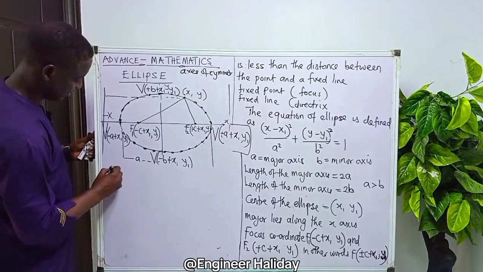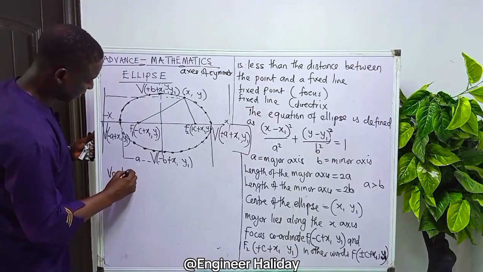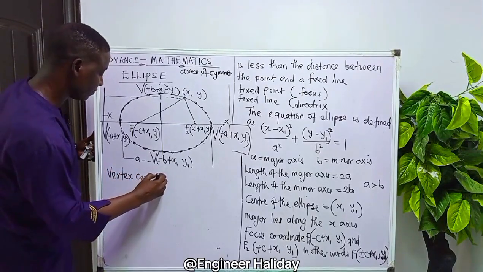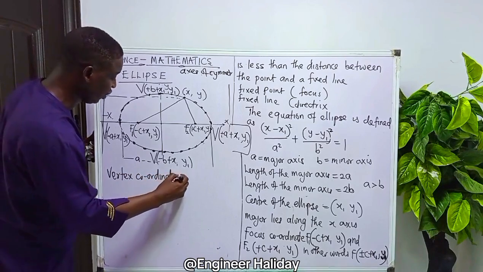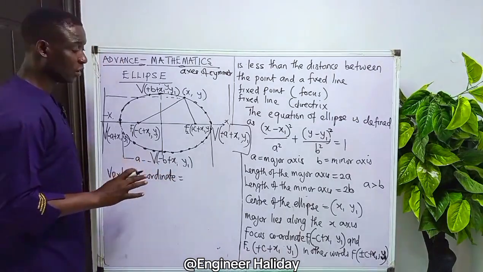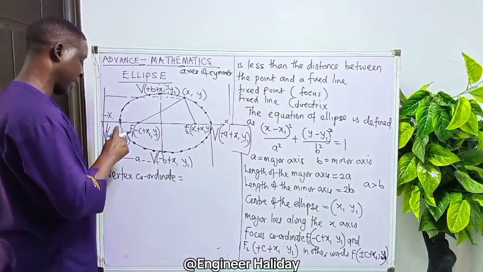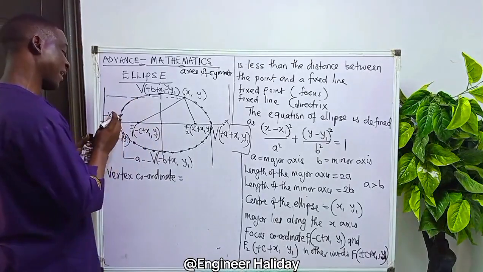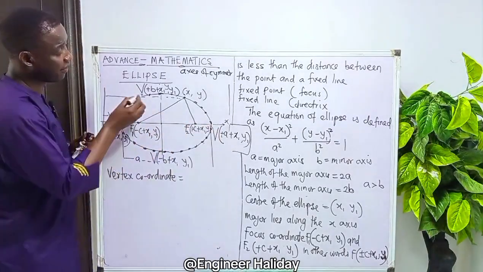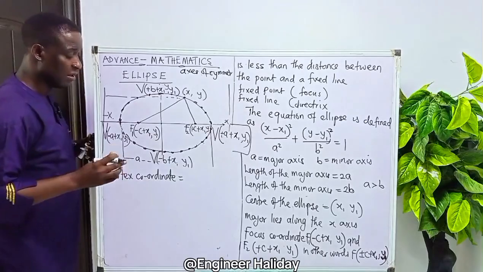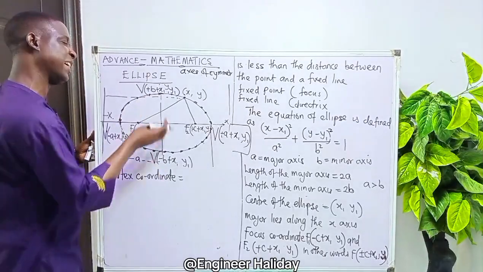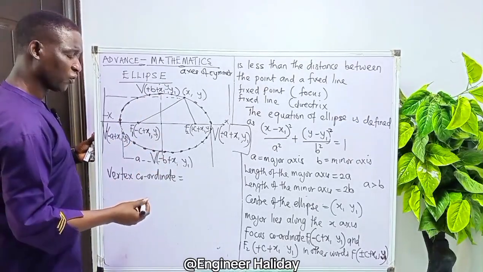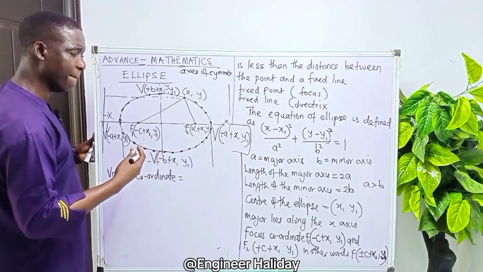What about the vertex coordinate? Although we have the major vertices, which are this and this, and we have the minor vertices, which are this and this, most books don't focus on minor, they focus on major. So I will advise we go for major.